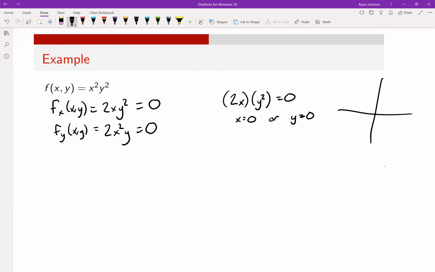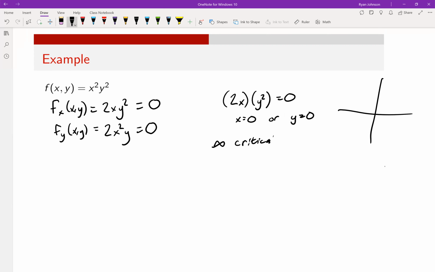When x equals 0 is the y-axis, and when y equals 0, that's the x-axis. So then you have the whole axes as critical points. So you have infinite critical points, which is not good, because you can't just go through and check all of them, can you?